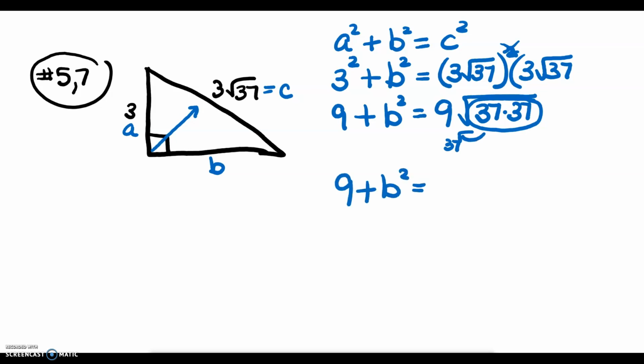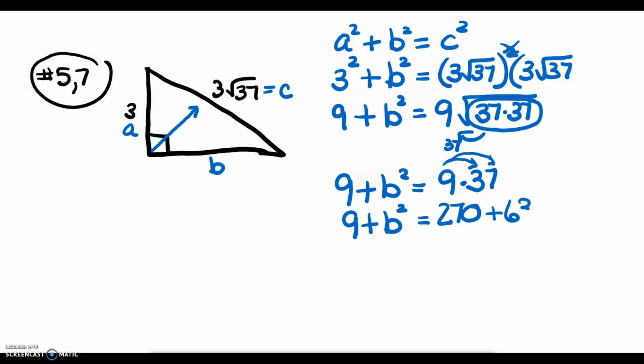B squared equals, what is 9 times 37? Well, we will figure that out. We will say 9 times 30 is 270, right? We're going to multiply place values. 9 times 30 is 270. 9 times 7 is 63. So I get 333.